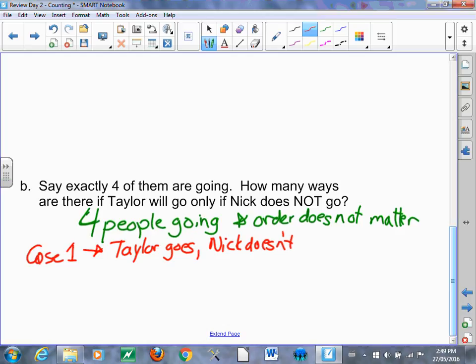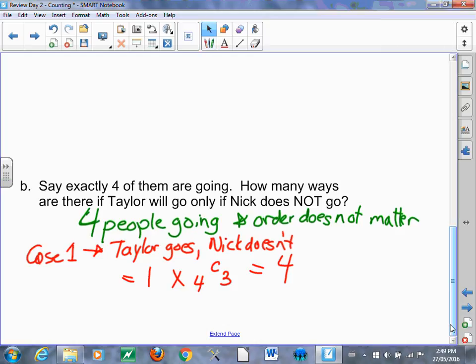So if Taylor goes, there's only one way Taylor goes because she goes. But if Nick doesn't, that means out of the 4 people, we've got to choose 3 more, because exactly 4 of them are going. Because if Taylor goes and Nick doesn't, out of the 6, there's 4 other people to choose from. Okay, so that's case 1.